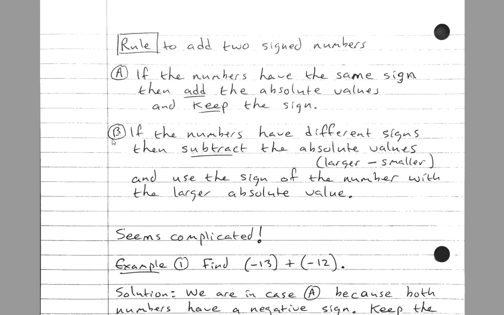The trickier case is case B. If you're adding two numbers with different signs, so a positive and a negative, or a negative and a positive, in that case you're really subtracting the absolute values. And the sign of the answer depends on which number has the bigger absolute value.